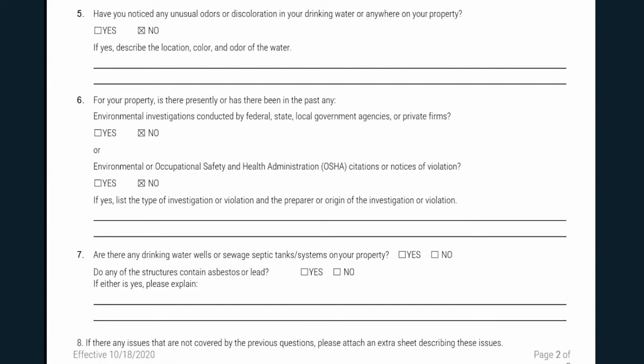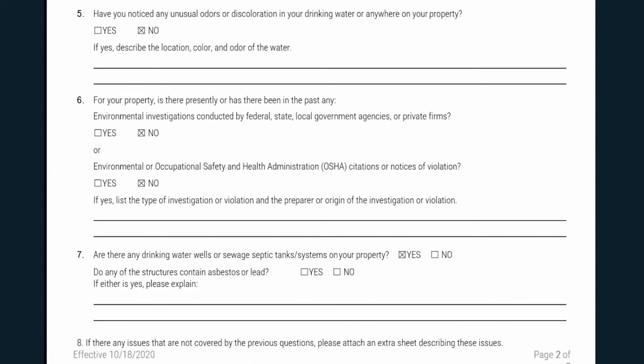Number 7 asks, are there any drinking water wells or sewage septic tanks or systems on your property? The presence of drinking water wells and sewage septics may indicate additional mitigation measures and demolition measures that will need to be taken. The applicant should check yes or no. Robert checked yes because he had a septic tank on his property.